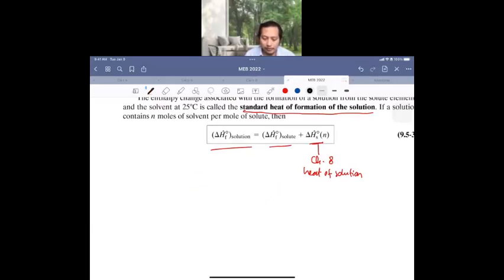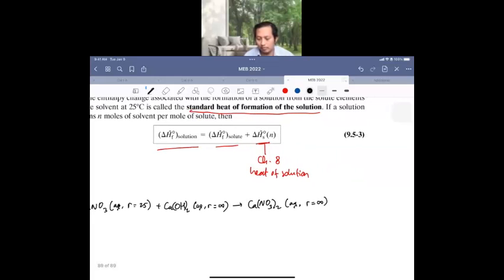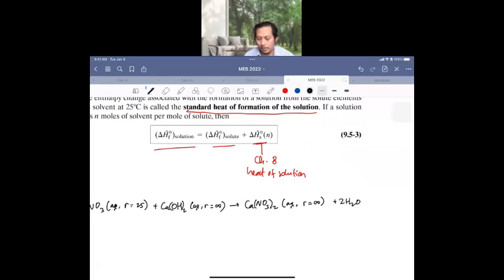For example, if you have the reaction for HNO3 aqueous, and we know the R, and we have calcium hydroxide, and we also know the R is infinite, this is also infinite, plus 2H2O, the liquid.